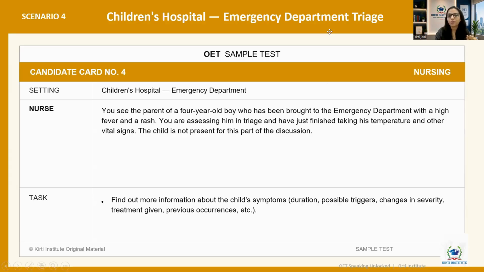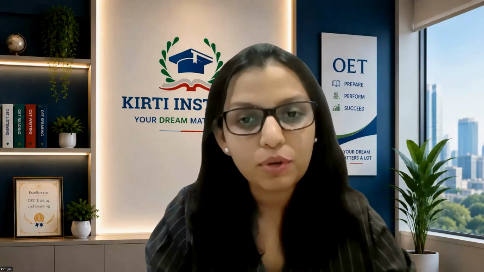In the first scenario, it was about a walk-in patient, where you need to introduce yourself, get the introduction of the patient, and you may directly ask, "How may I help you today?" or "How may I assist you today?" In the second scenario, we saw that we are unknown to each other, but the patient might have booked the appointment.